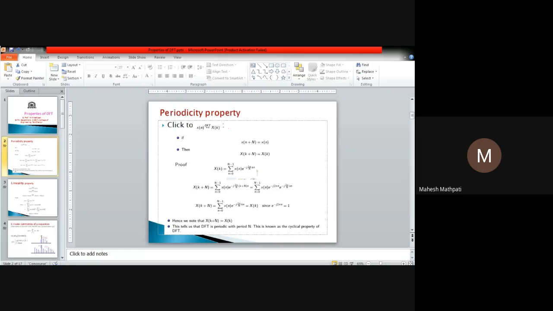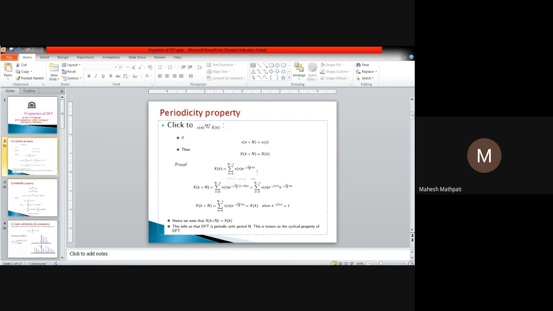Then if you see the formula here, in this I need to substitute the value. So first you write one line: replace k by k plus N in the above equation. Then here the k value we are replacing.